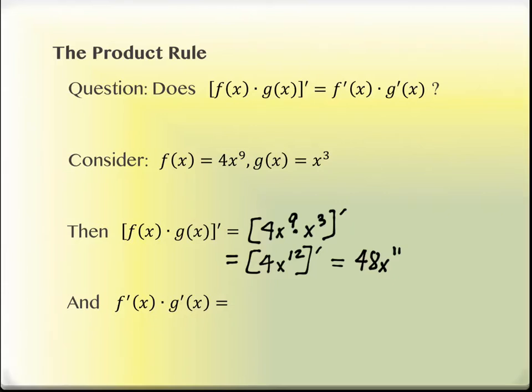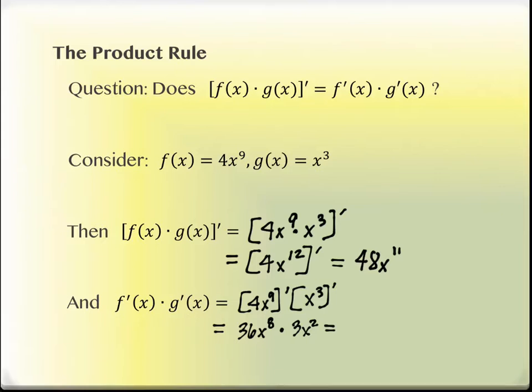So what we're trying to decide is, could I have taken the individual pieces' derivatives and still got the same answer? So we're going to try it. We're going to take the derivative of 4x to the 9th, and we're going to take the derivative of x cubed separately. So what's the derivative of 4x to the 9th? 36x to the 8th. And what's the derivative of x cubed? 3x squared.